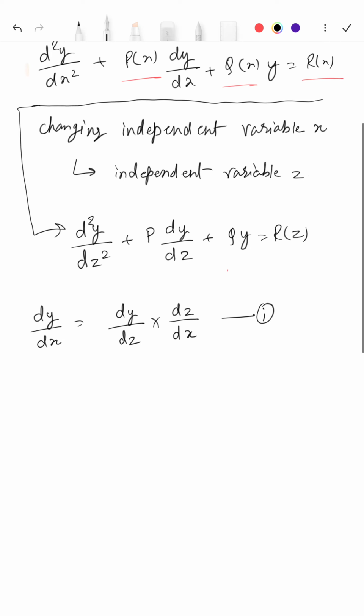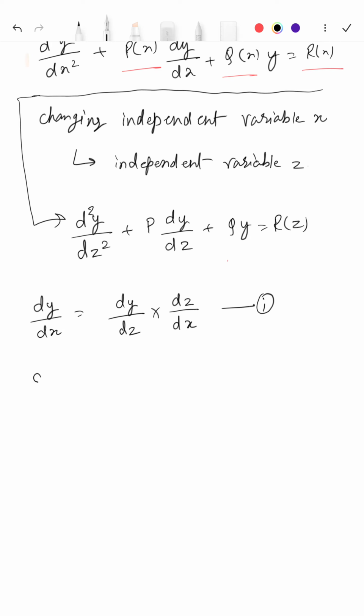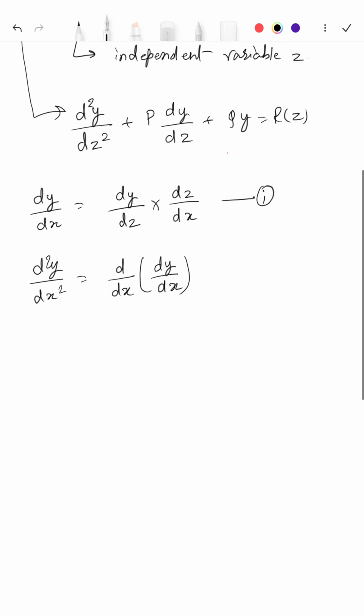Now in the second part, what we need is d2y by dx square as a function of z. So we can write this one as d by dx of dy by dx. If we substitute the value of dy by dx from the first equation, what we get is d by dx of dy by dz into dz by dx.